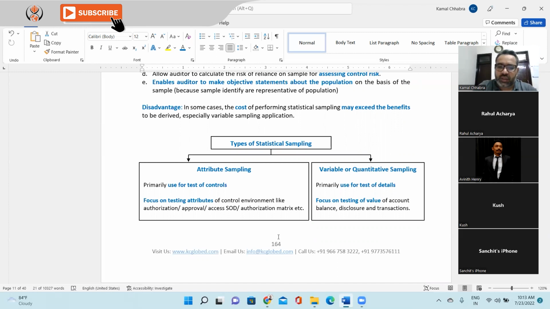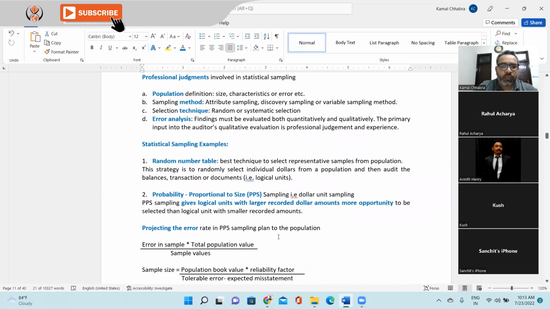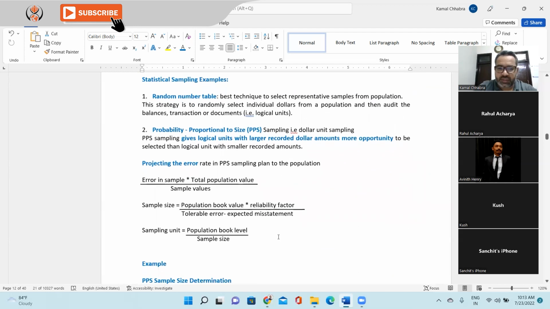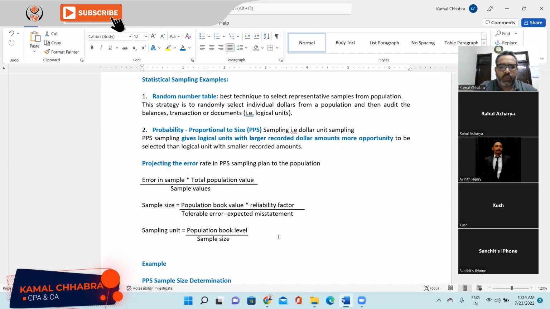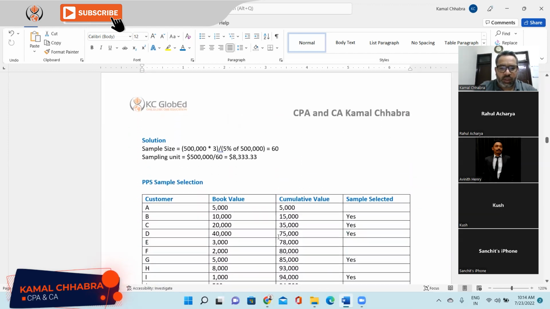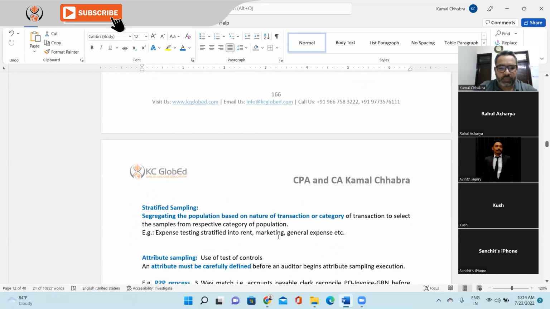When you need to test the controls or the attribute, you use attribute sampling, right? Then we discussed certain examples of statistical sampling, which include random number table and probability proportionate to size. I think this is what we covered in our last class. We did this example as well, and PPS sampling.